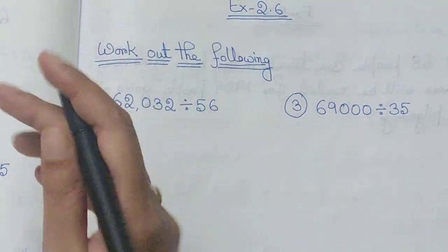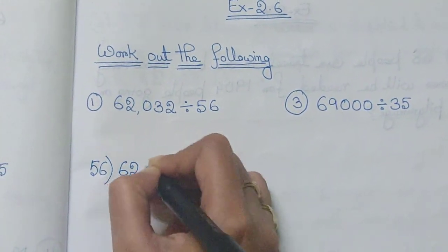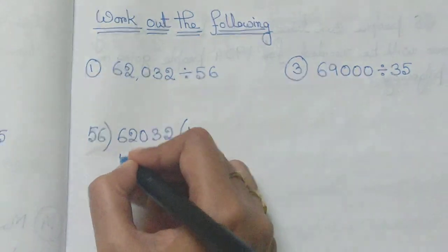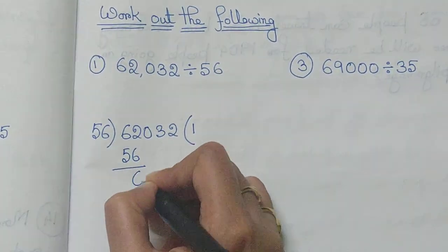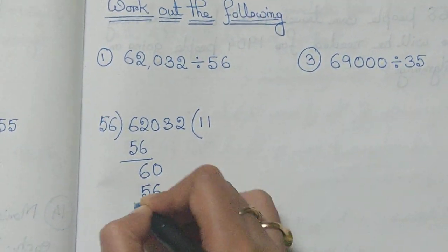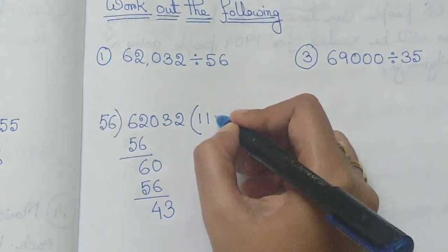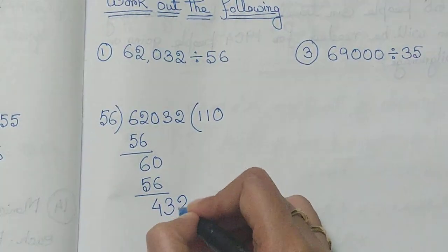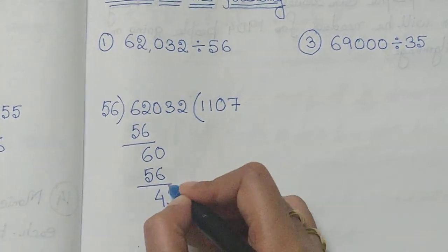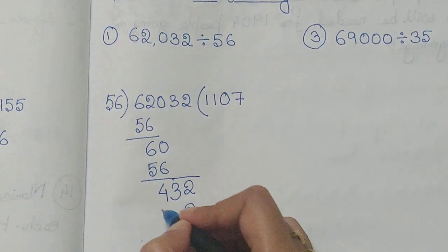62,032 divided by 56. So 1 fifty-six is 56. 6, 0. Again 1 fifty-six is 56. 4. Now 3 will come down. Since 43 is smaller than 56, so 0. Now 2 will come down. Now 7 sixes are 42, 4 in hand, 7 fives are 35, and 35 plus 4 is 39.